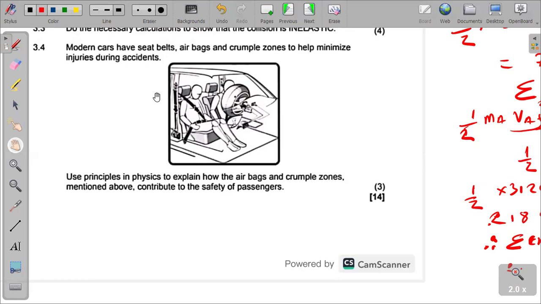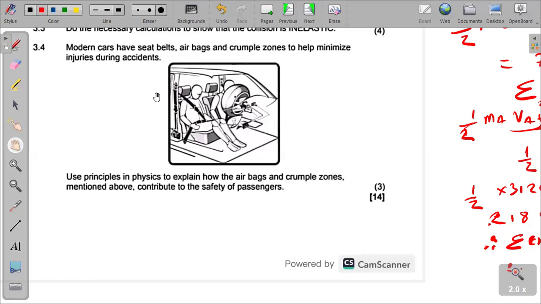So with that in mind, we can say during a collision, with the crumple zone or the airbags, the impulse remains constant, or we can say the change in momentum remains constant. Of course, it's going to remain constant during the collision. But the contact time increases. What is causing it to increase? The crumple zone or the airbag, right?